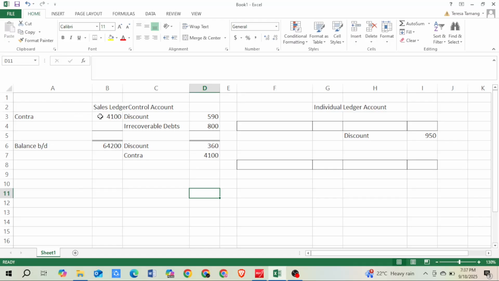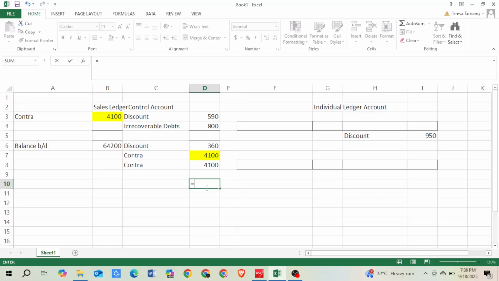I was actually supposed to write down this 4100 on this side, so this will cancel out this amount if I write here, and then I will write another entry, and this time 4100 would be subtracted like this. Okay, so the first contra entry that I wrote would cancel out the previous incorrect entry, and the second contra entry will decrease the amount that we were supposed to.